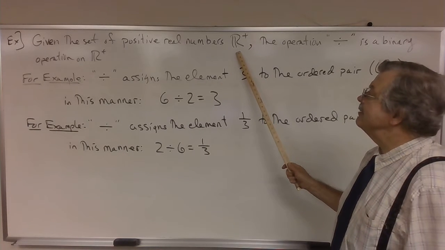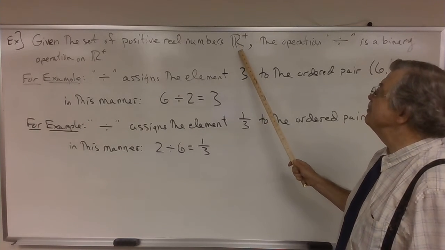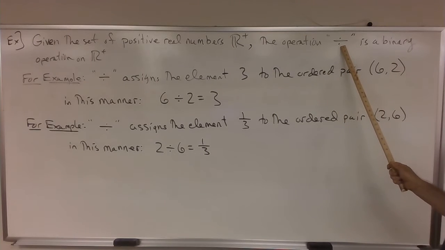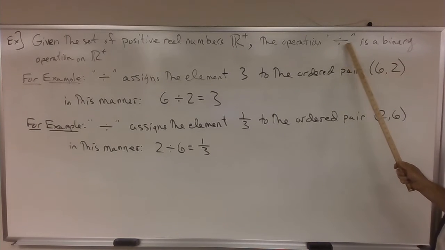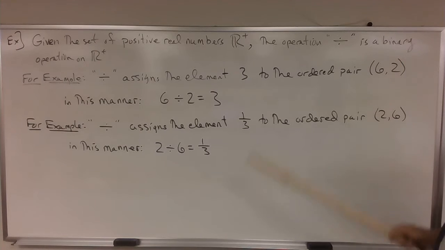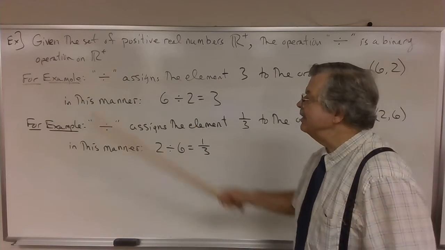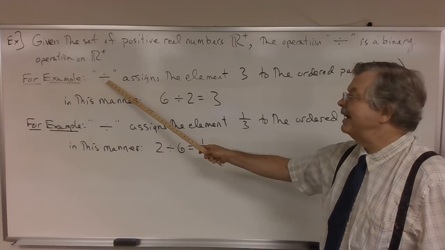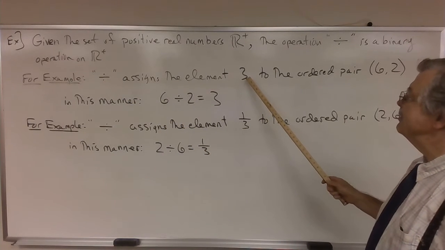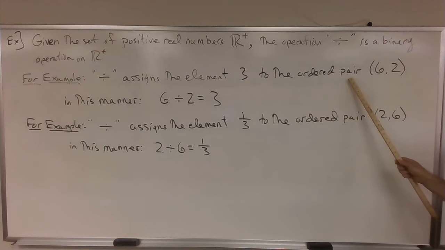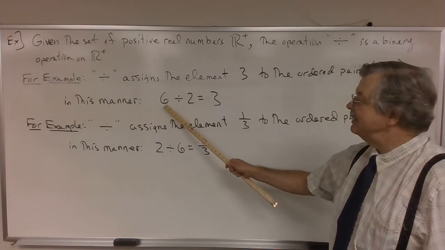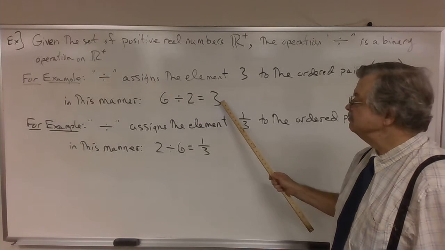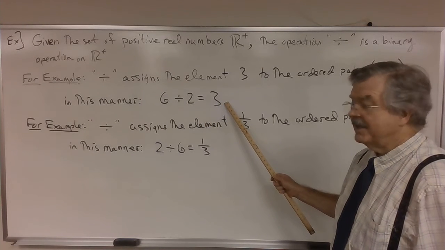So given the set of positive real numbers, R plus, the operation divide is a binary operation on the set R plus. For example, divide assigns the element 3 to the ordered pair 6, 2 in this manner. 6 divided by 2 is 3.